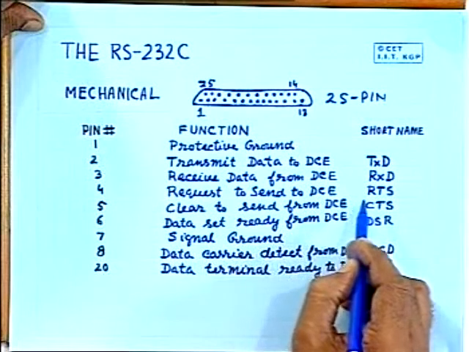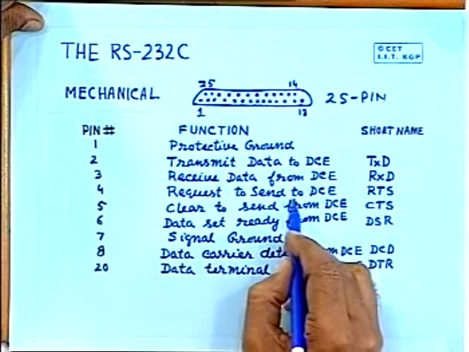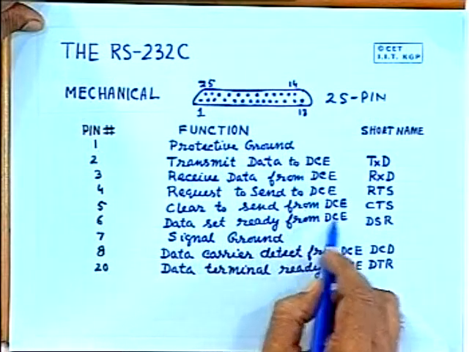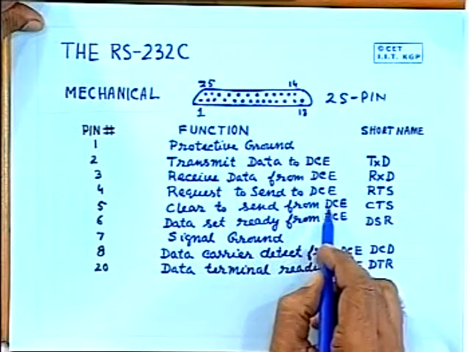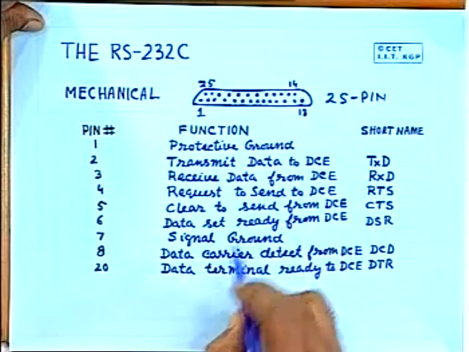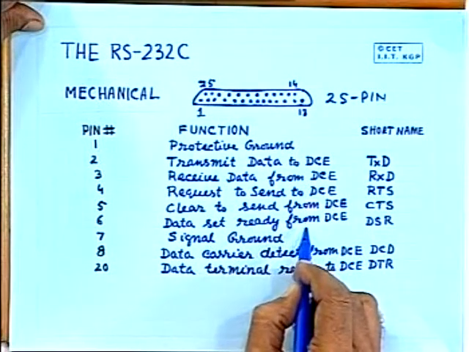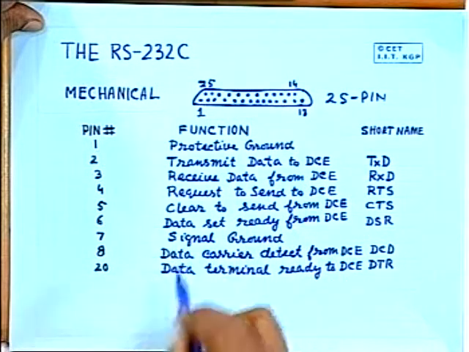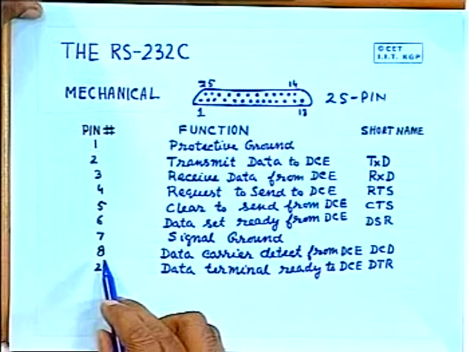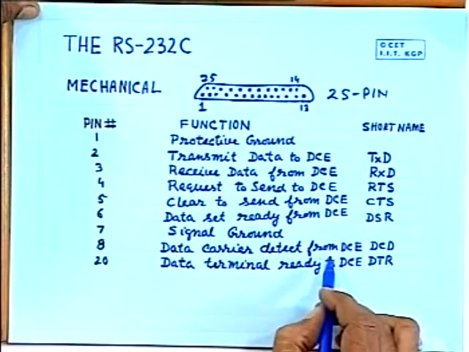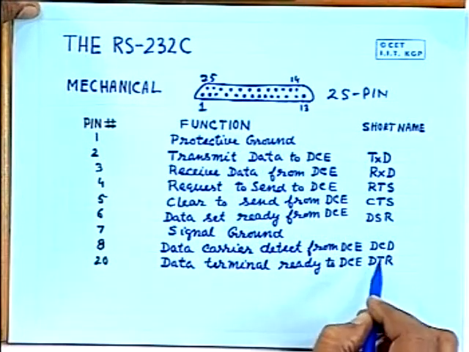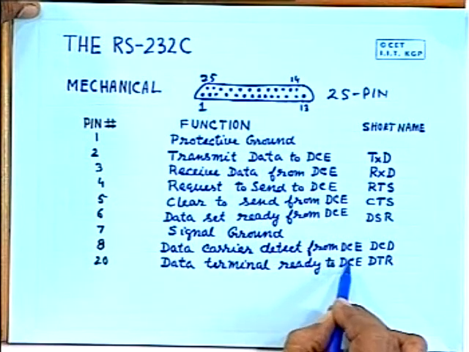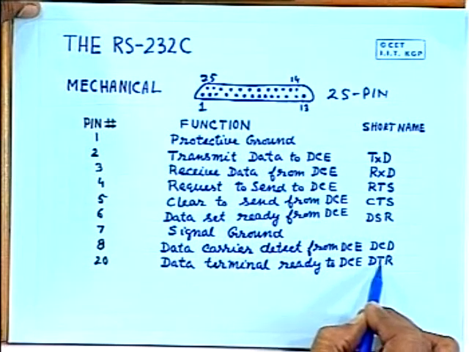request to send to DC, RTS, so it is going to DC from DT, clear to send from DC, so it is coming from data communication equipment to data terminal equipment, data set ready from DC, so from DC to DT it is coming, then signal ground, pin number 7, pin number 9 is data carrier detect from DC, DCD short name, and data terminal ready to DC, it is going to DC and its short name is DTR.